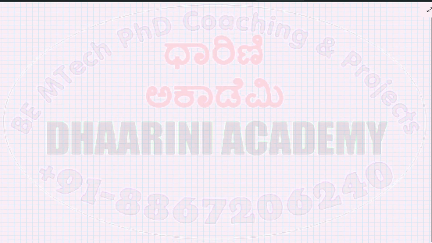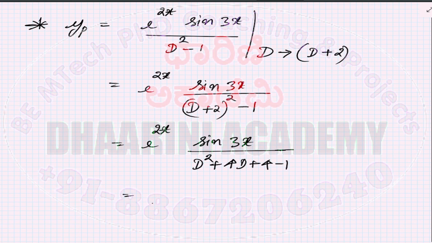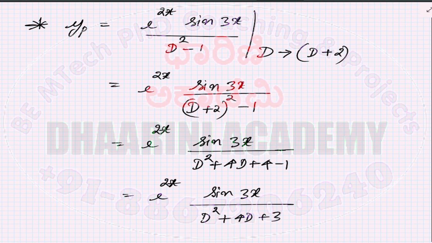This becomes equal to e to the 2x into sine 3x whole divided by D square plus 4D plus 3.